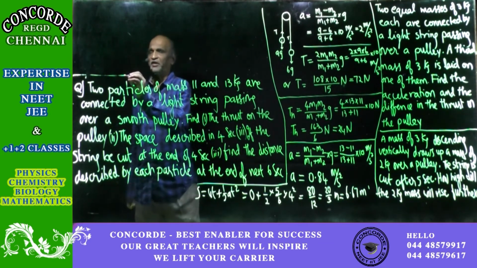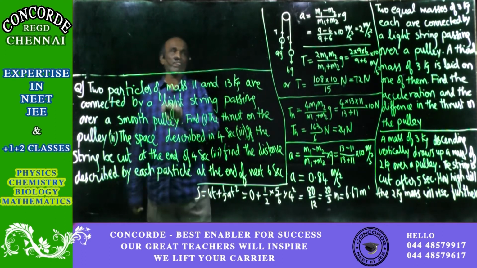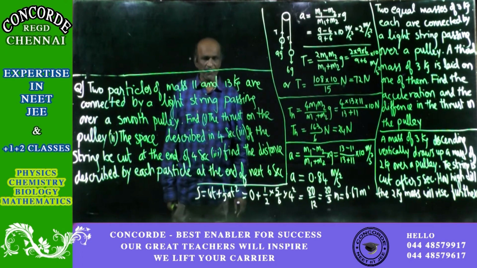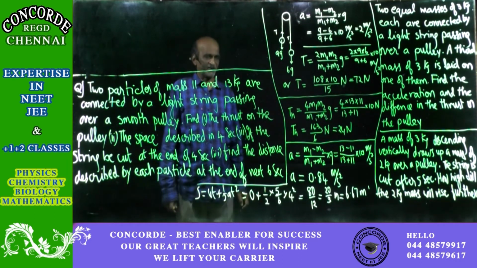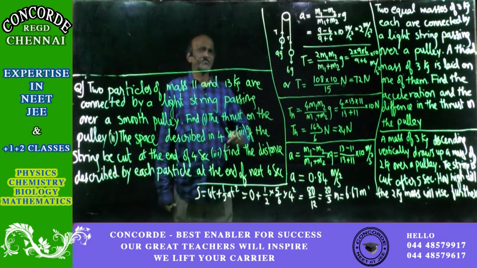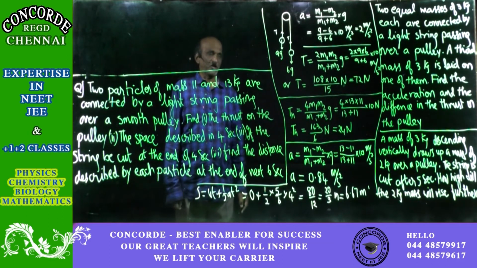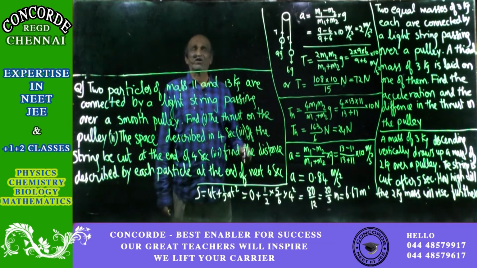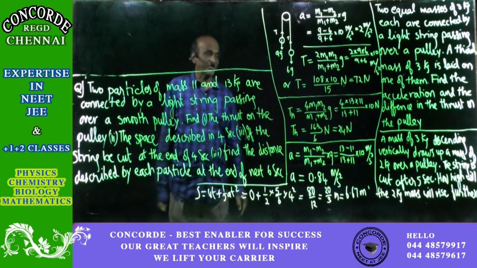In continuation with the previous problem, which is there on the board, the only question left out is, find the distance described by each particle at the end of next 6 seconds. So after 4 seconds, another 6 seconds, when that is completed, then what will be the distance described? After 4 seconds, whatever details are there, that is the starting value for the next motion.